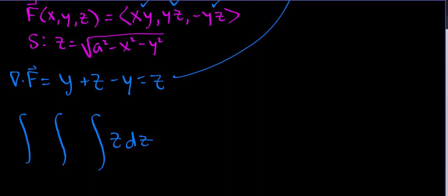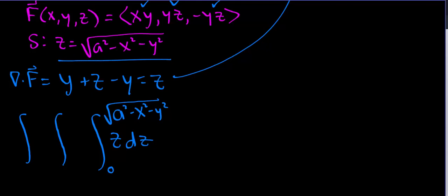Let's just do the top part of the sphere. So z goes from 0 all the way up to the square root of a squared minus x squared minus y squared. That's what z does. So you're thinking of this top part of the sphere.